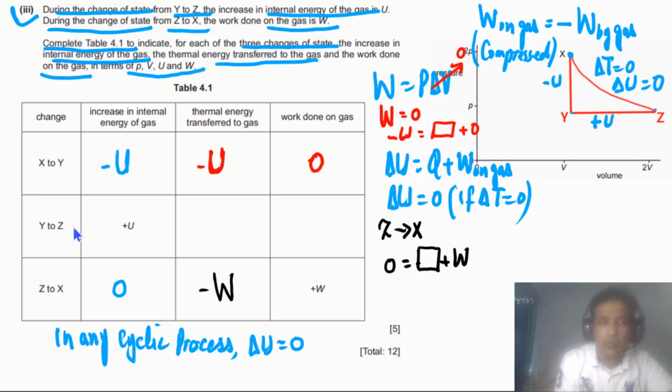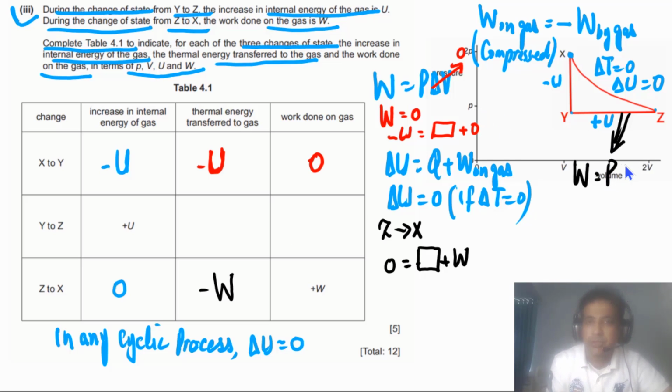Now we are only left with the Y to Z process. In this case we have internal energy, but work done we can calculate from here. For Y to Z, W has to be equal to P, the pressure here, times the change in volume. In this case, volume is increasing. If the volume increases, the gas expands, so work done on the gas has to be negative. So we have P here, negative.